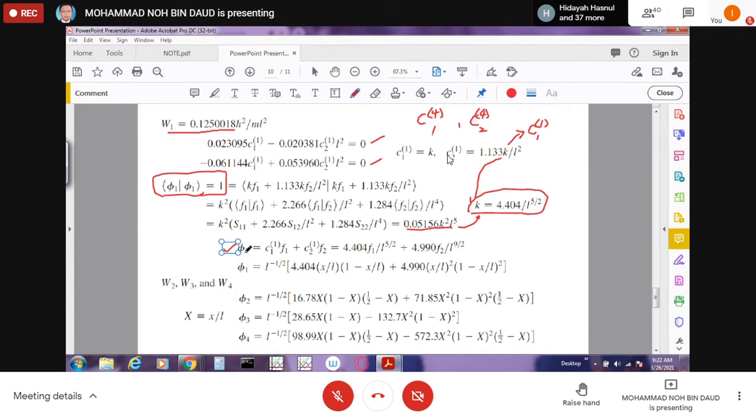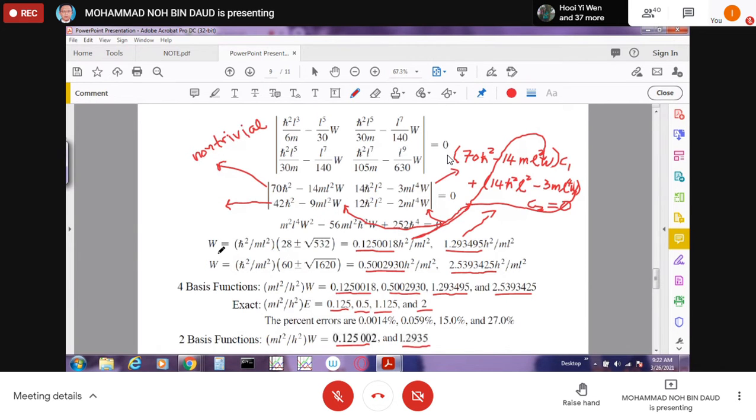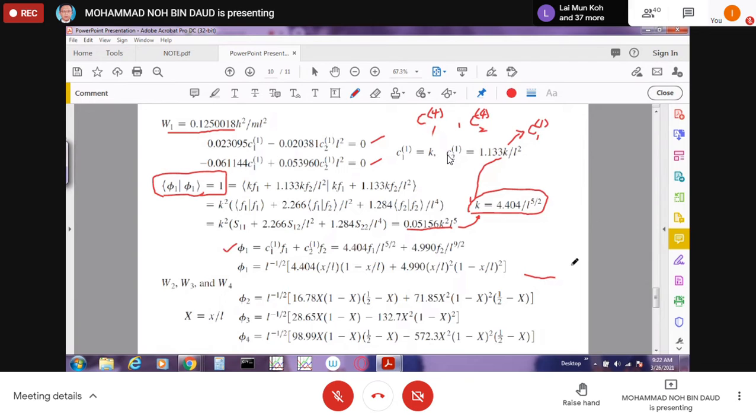Finally we get this phi 1, the trial function for the first state of this energy. So our approximate energy here is W1. This state is characterized by these functions, so this trial function is the approximate wave function for this state.